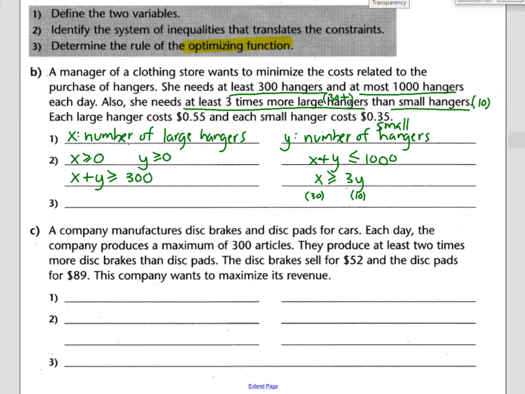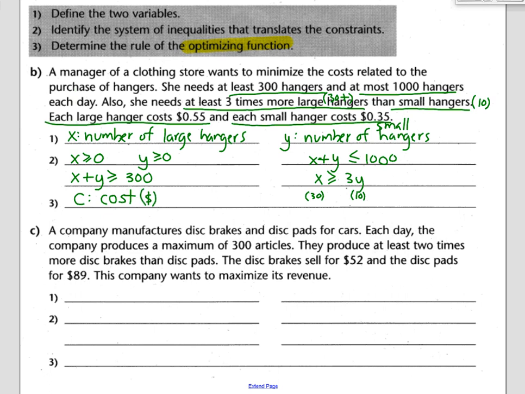Now the last part is where we're going to be doing the optimizing function. They say that each large hanger costs 55 cents and each small hanger costs 35 cents. So if I want to find the cost, I should actually put that in my variables: C could be the cost in dollars.